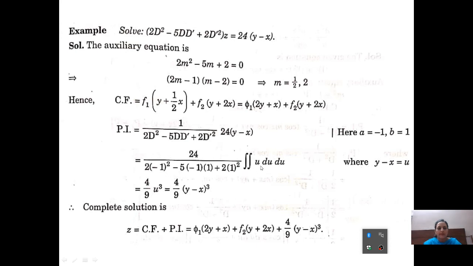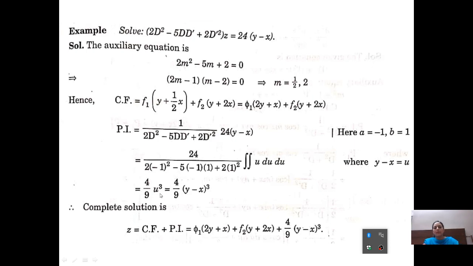Now we will solve this part, and we can easily obtain the integration of this function that has been obtained in this form, and solve finally with this part also. On solving this complete part, we can obtain this.